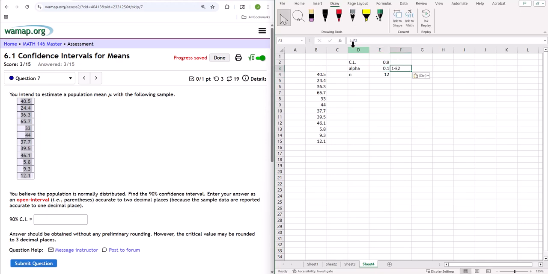So here we go. And I probably should have left a little bit of room here so I could find out my alpha over 2. That's going to be equal to this guy divided by 2.